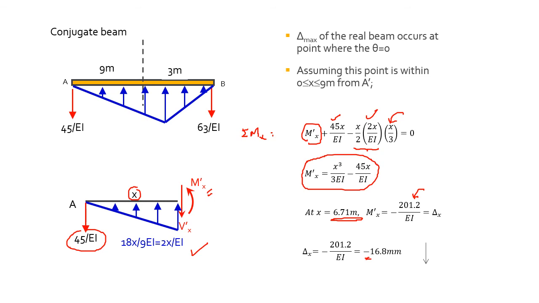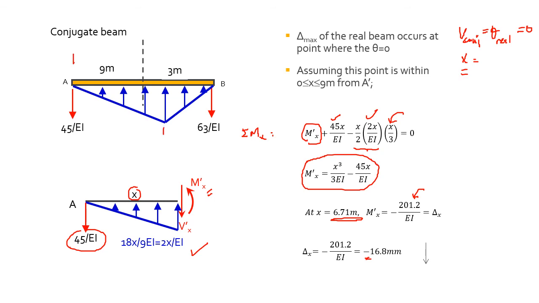From the previous calculation, if you recall, the shear of your conjugate beam is equal to the slope of your real beam, and you equate it to 0 and get your X. Say your X is not in the range that you are expecting.